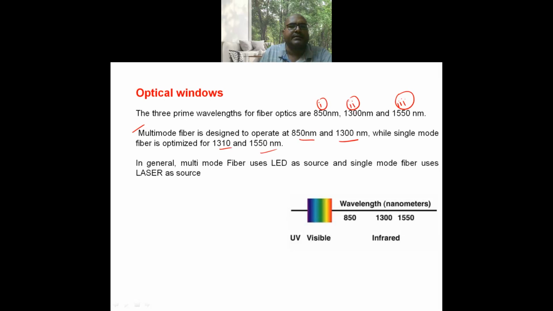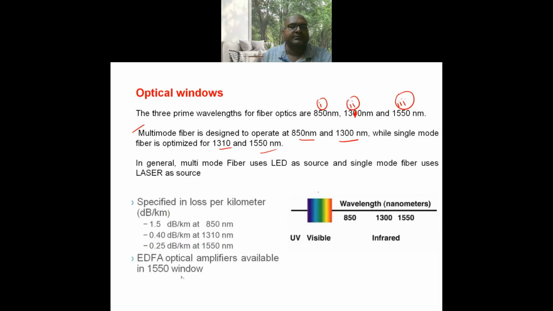You just correct it, 1310 nanometer. In general, multimode fiber uses LED as source and single mode fiber uses laser as source. Once again, go through the spectrum of visible light and infrared light.